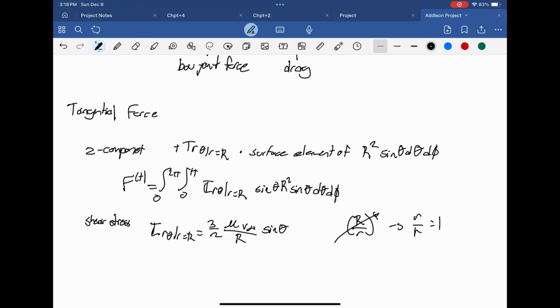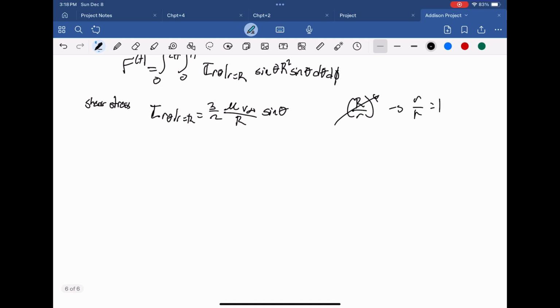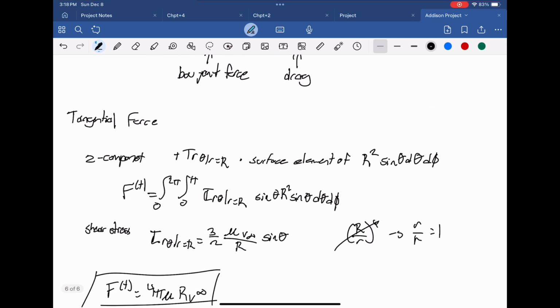So we're going to cancel that out of the equation, which leaves us with this for our tau r theta equation. When we plug this back into the integral, we're going to find that the force transfer equals 4 pi mu r v infinity, and that is our final force.